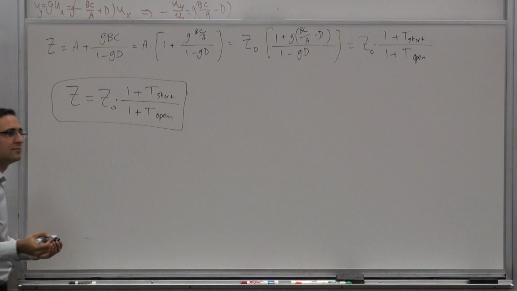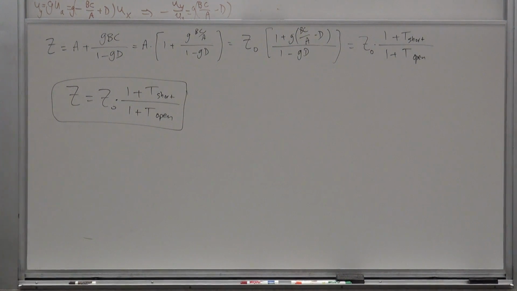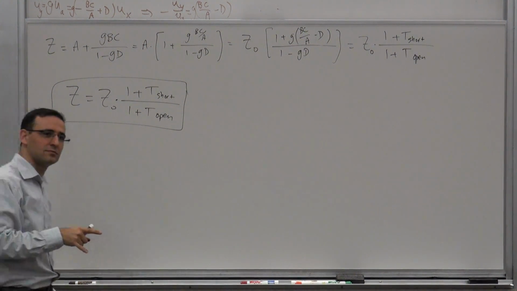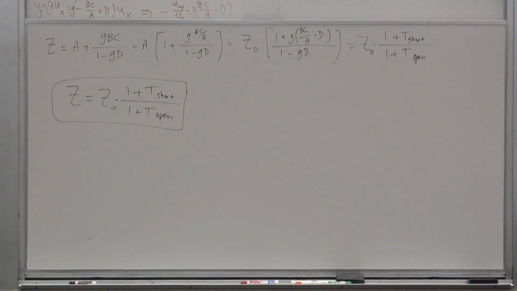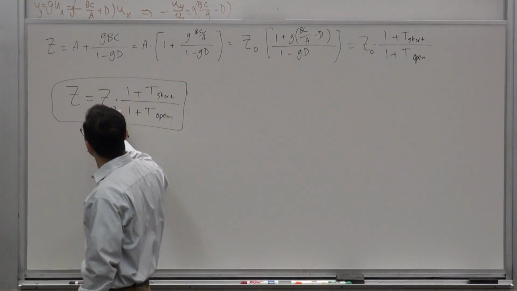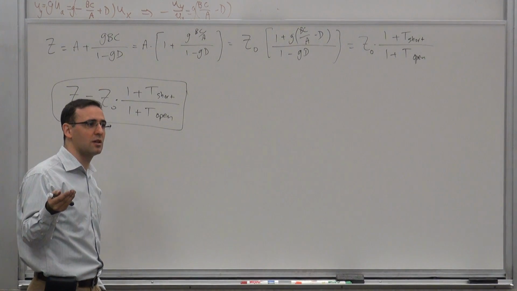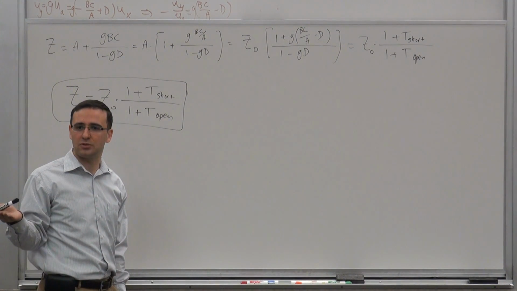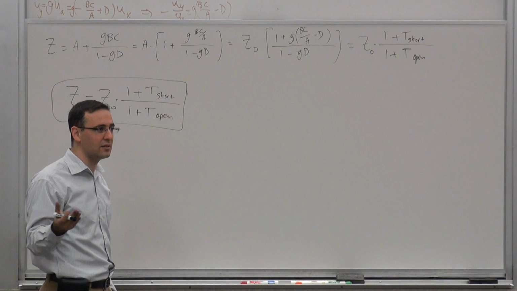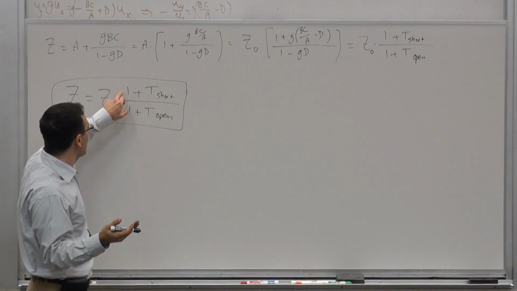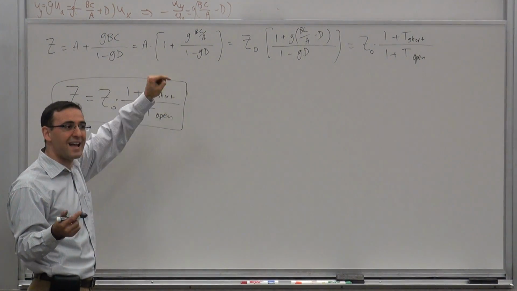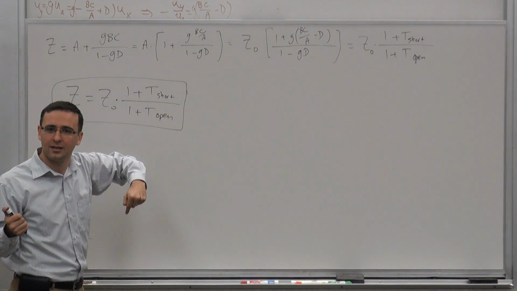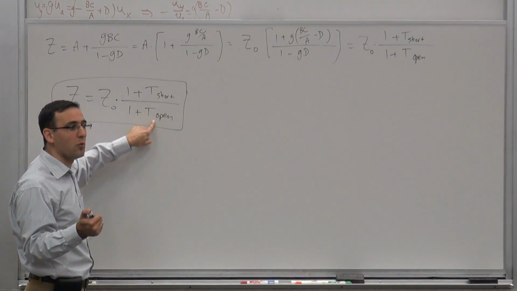So what does this mean? It means that the impedance of any point in the circuit, you can determine it by calculating the impedance when you set the reference dependent source to 0, basically by setting K to 0, remove it, eliminate it, null it, times the ratio of 1 plus the return ratio when that port is shorted, divided by 1 plus the return ratio when that port is open.